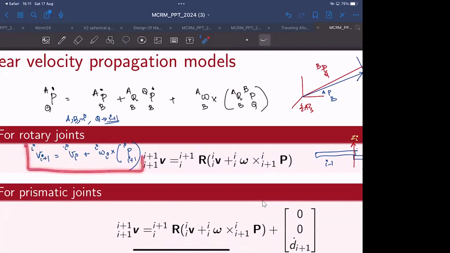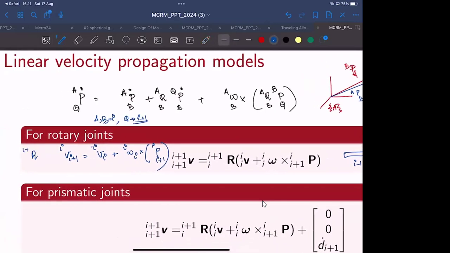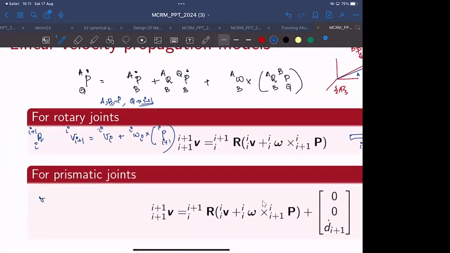So you have to multiply this entire expression throughout with the rotation matrix Ri plus 1 with respect to I. Once you do that, you get the final expression: velocity of I plus 1 with respect to I plus 1 is I plus 1 Ri, pre-multiplying this vector, IVI, plus I omega I cross IP I minus I plus 1.